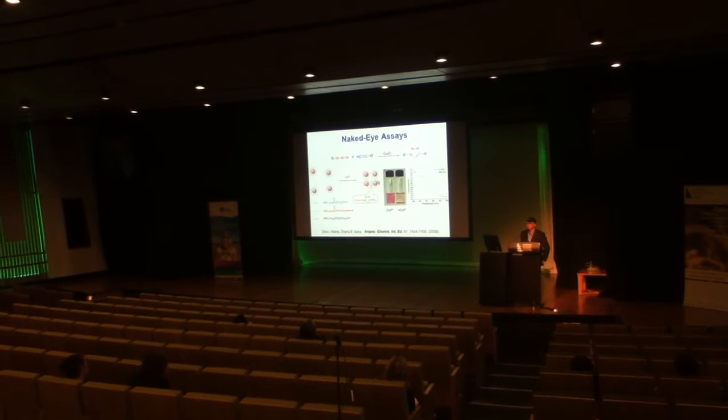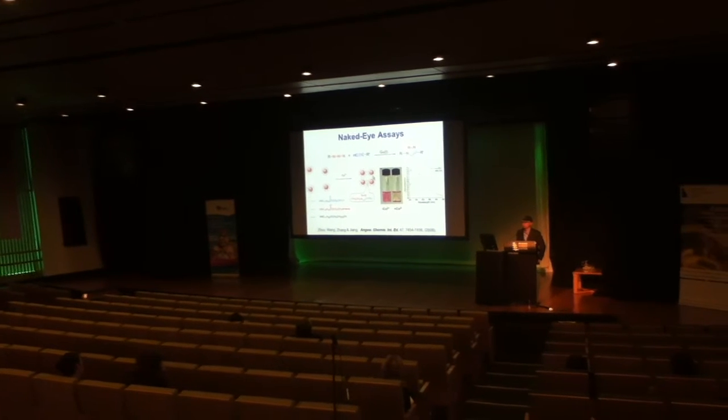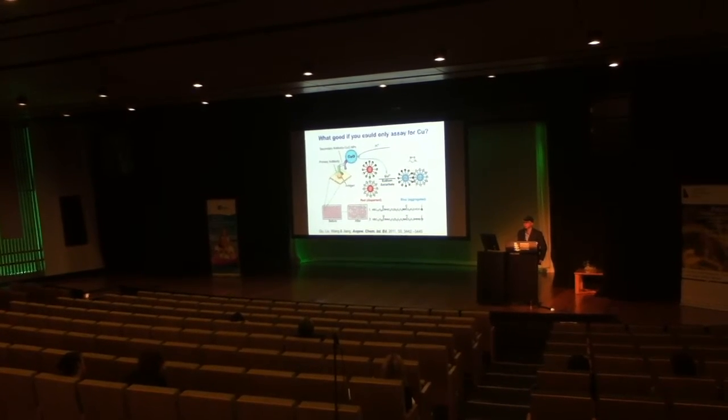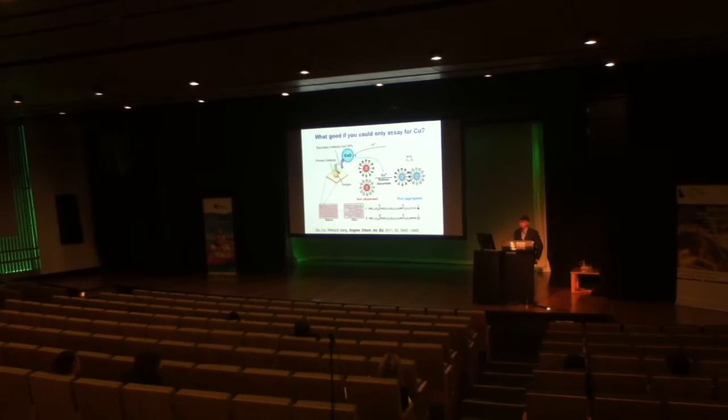So after this, we have been thinking about how to generalize this approach and make it more useful for other types of detection. And one of the areas that we have been very interested in is to detect different types of proteins.